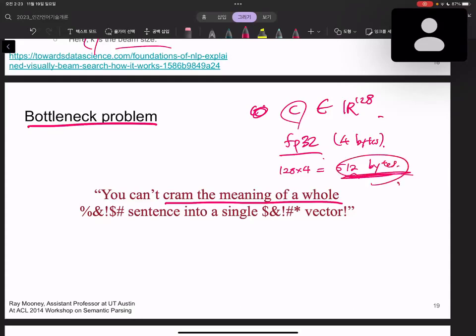And of course, this is a very, very small size. And you cannot store all the information of your text into this small vector. Okay, so this is the talk from ACL 2014.